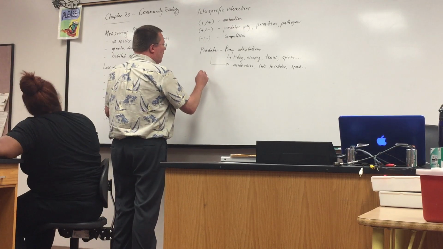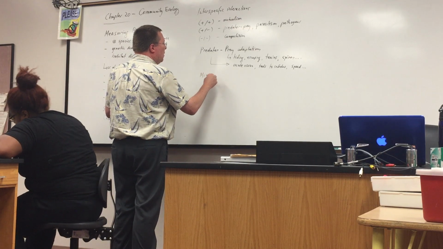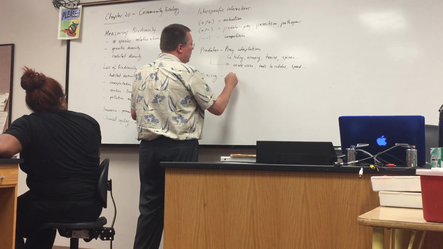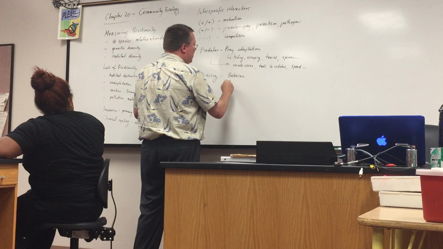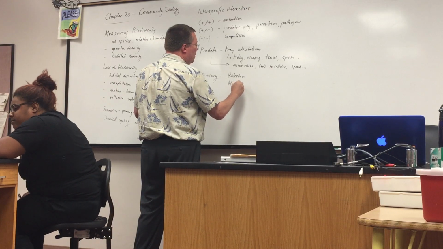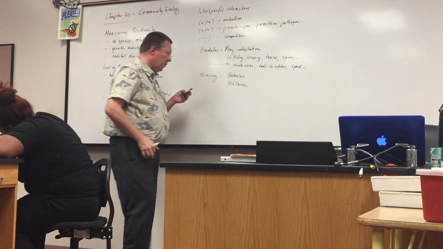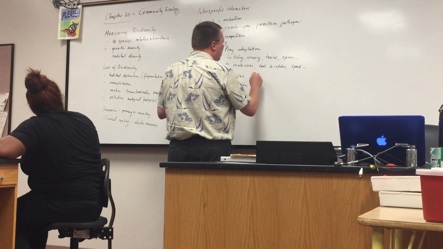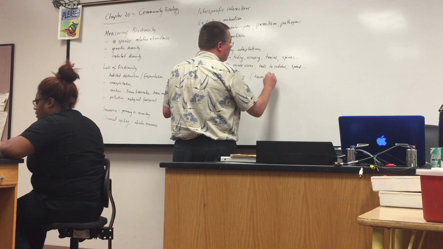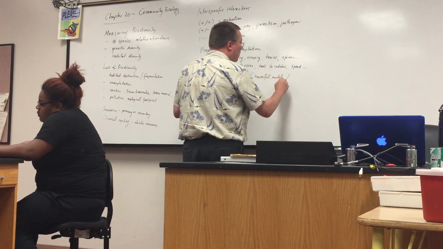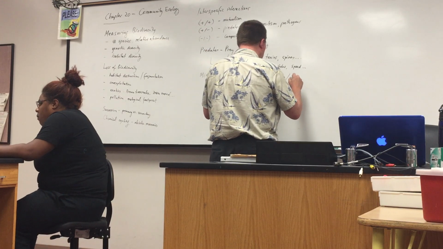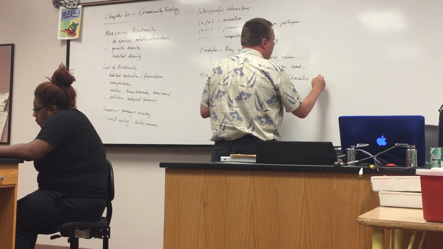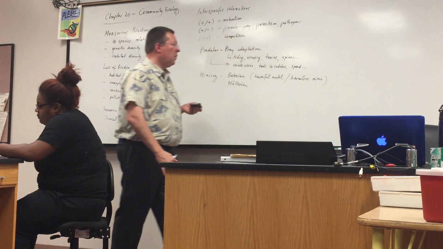Something really neat about this is called mimicry. There are two types of mimicry. We have Batesian and Müllerian mimicry. In Batesian mimicry, you'll find that a harmful model is mimicked by a harmless mimic.